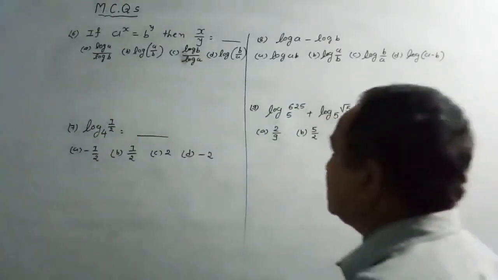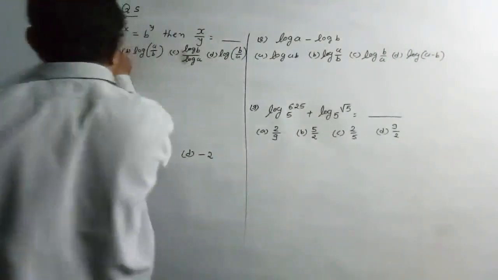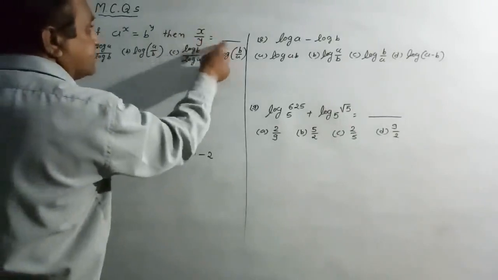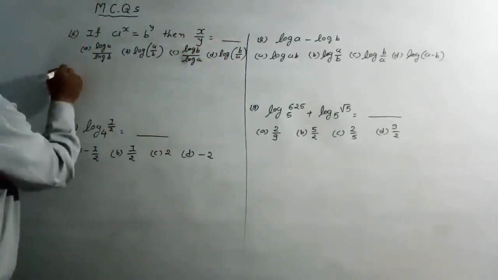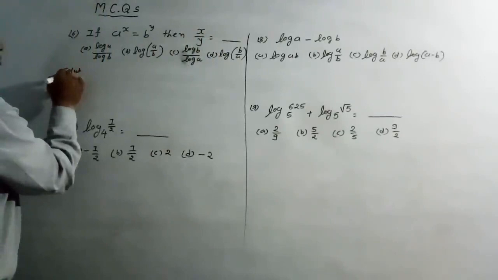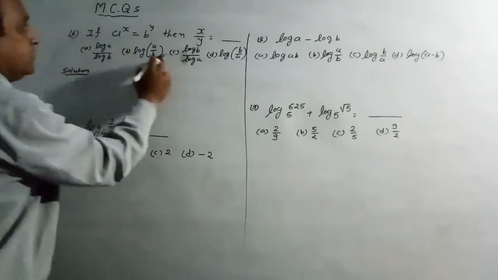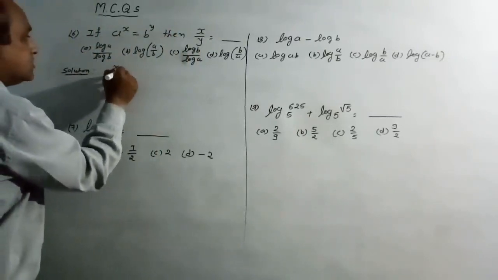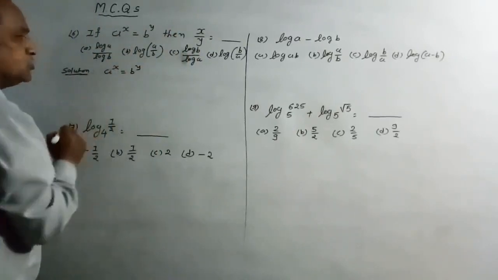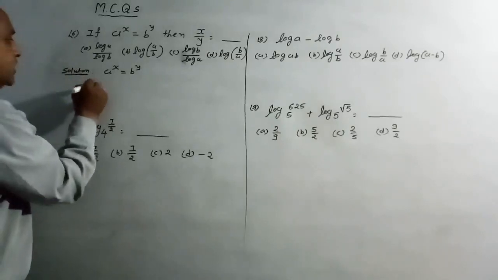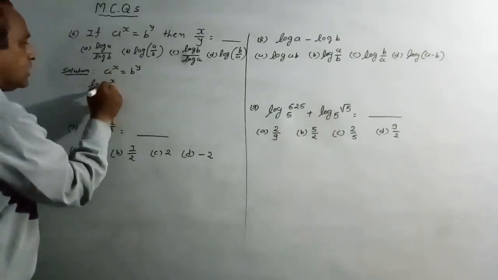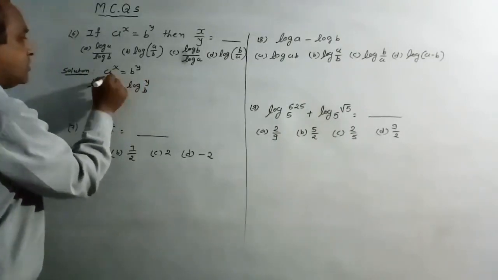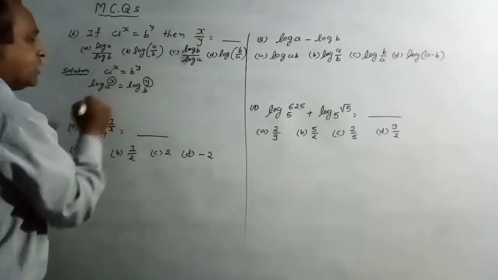Now MCQ number 6. If a raised to x is equal to b raised to y, then x by y is equal to something. Options A, B, C and D. Now here given a raised to x is equal to b raised to y. Now take log on both sides. Here x is in the index, and here y is in the index.